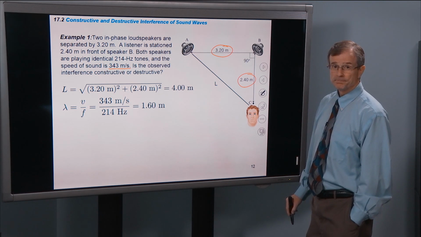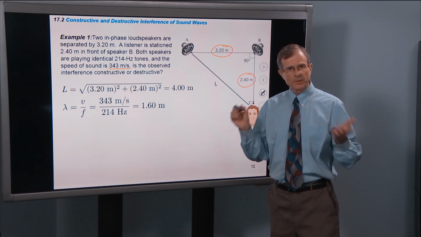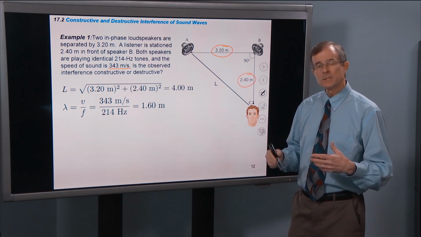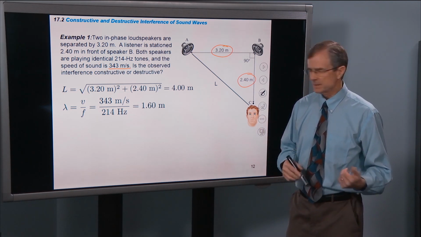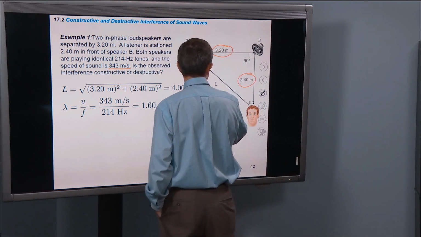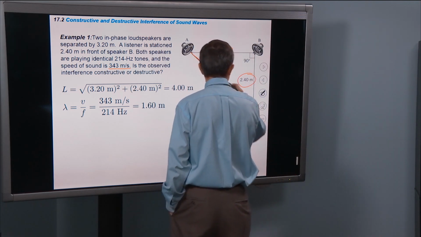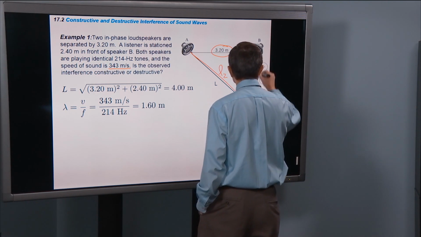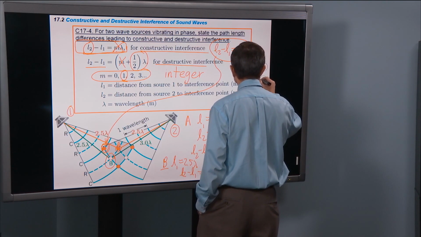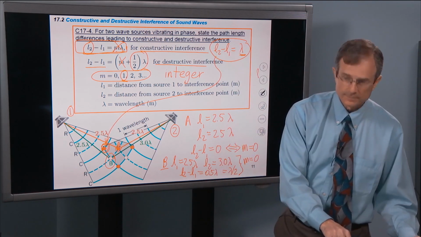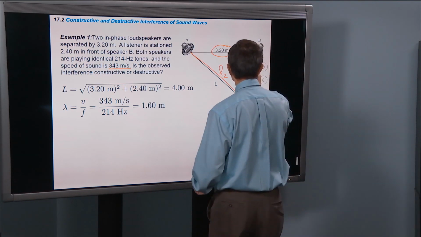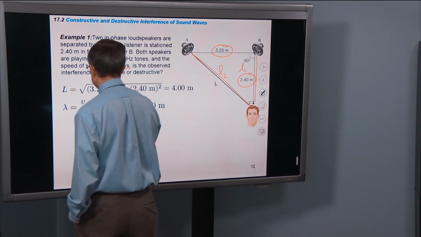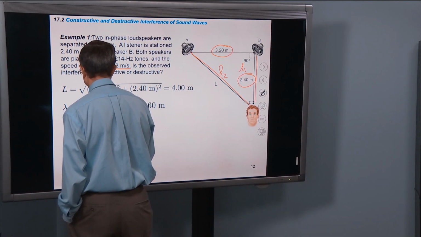Well, what's relevant here in trying to determine whether we have constructive or destructive interference? The answer is the difference in the path lengths. So if we want to call this L2 the longer of the two paths, and this one's the shorter path, L1, then what we're interested in is L2 minus L1.